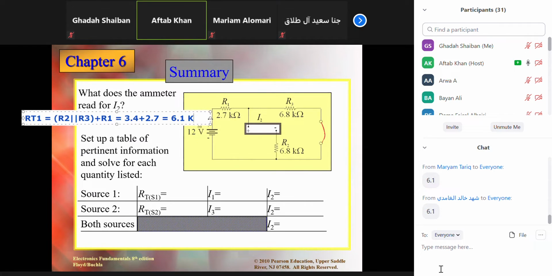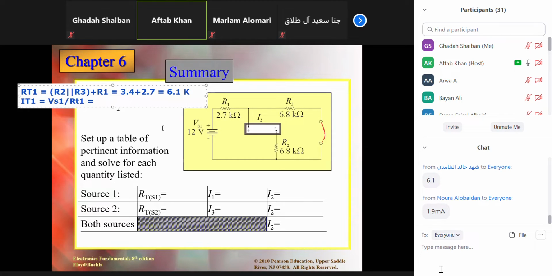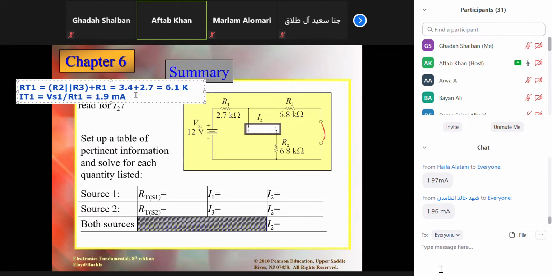Okay, now you can calculate IT1, which will be simple VS1 divided by RT1, which is 1.9 milliamps. All right, now we will consider another source, because no, sorry, this is IT1.